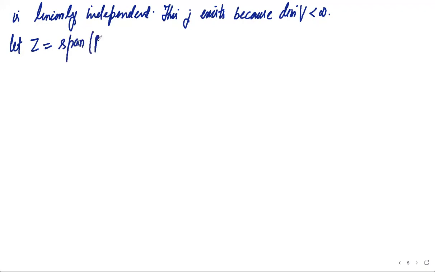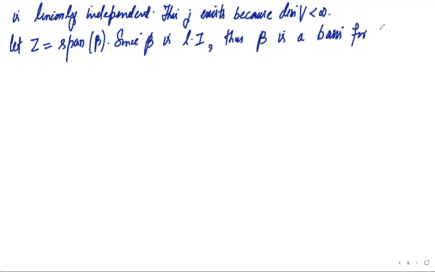Since beta is a linearly independent set, beta must be a basis for Z. Furthermore, we claim this T^j of V belongs to Z. So actually this T^j of V also belongs to Z.